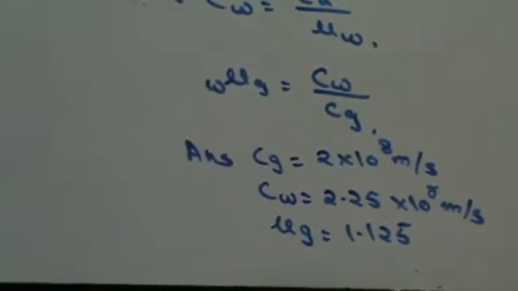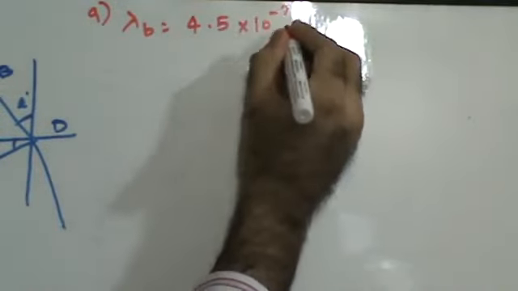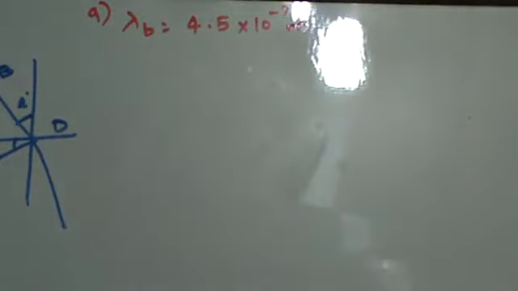Right? Take down the next one, please. The wavelength of blue light is 4.5 into 10 raised to minus 7 meters. What is its frequency?